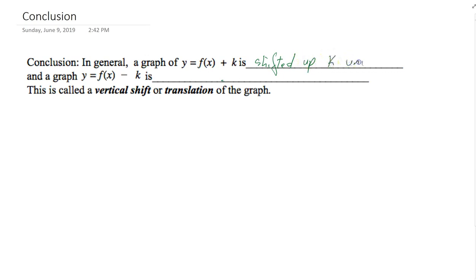And the graph of y equals f of x minus k is shifted down k units. That is what we call a vertical shift, or a translation of the graph.